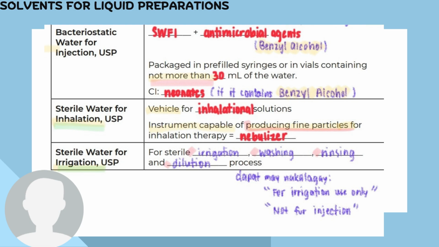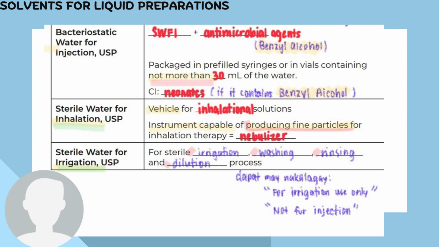And then next, the sterile water for irrigation (USP). This is also purified and sterilized water, but it is specifically made for irrigation or washing purposes, not for injection. It is used for irrigation, washing, rinsing, and dilution during medical or surgical procedures. It's safe for external or cavity use but not safe to inject into the body.